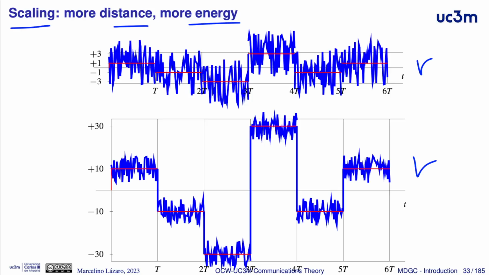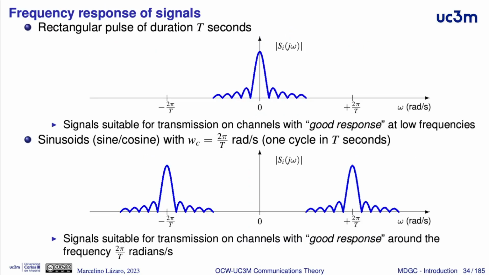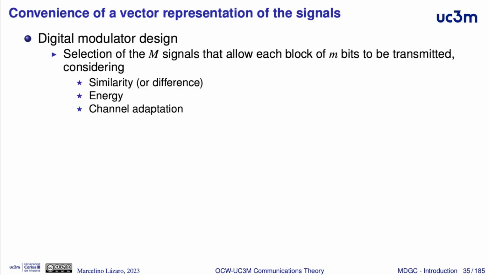And at the same time, we have to take into account distance, energy, and the frequency response of the signals to fit the frequency response to the response of the channel. For instance, using baseband signals in baseband channels or bandpass signals in bandpass channels.